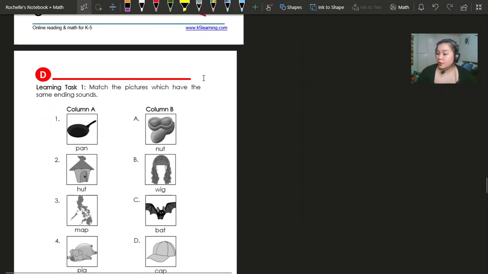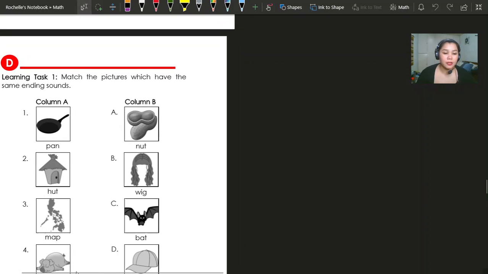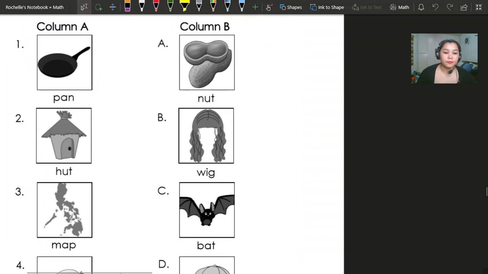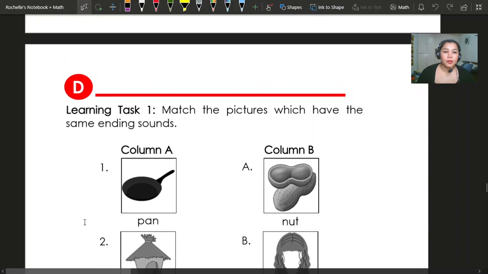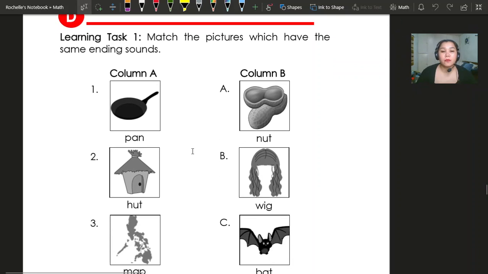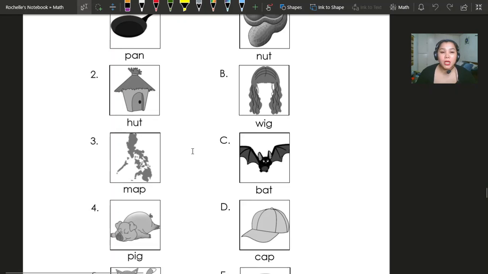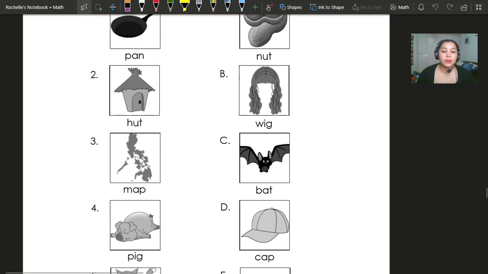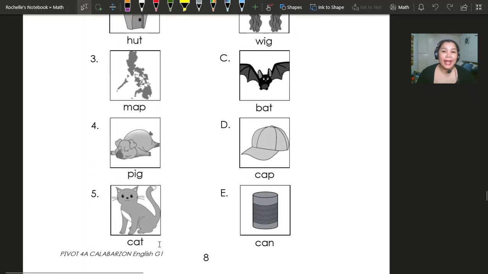Okay, back to your LAS. So let's look at what's in your LAS. Okay, learning task 1, match the pictures which have the same ending sound. So this is the same with the first activity that we answered. So we have here columns A and B. For column A, we have ban, hot, map, pig, cat.